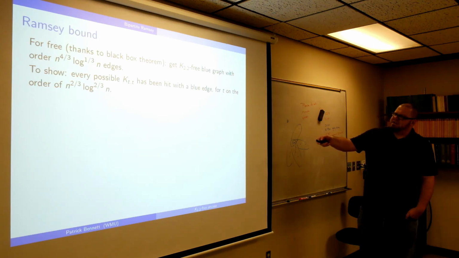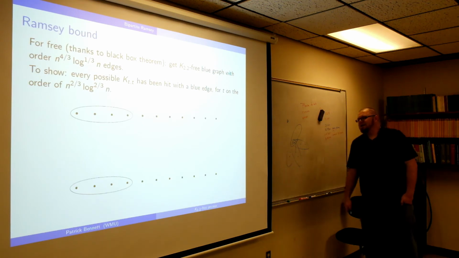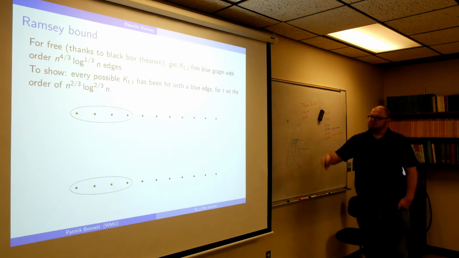I can't really explain this too much, but to get the specific Ramsey bound that we want, there should be no red K_t for t on the order of about this. So let t be about that, and now I'm showing you a picture of the graph. Imagine that this is t, I guess t is 4 here.